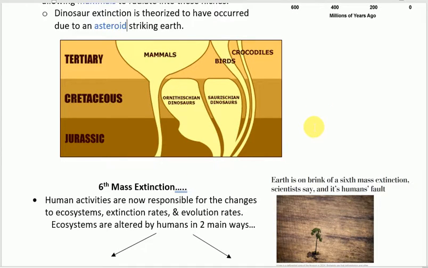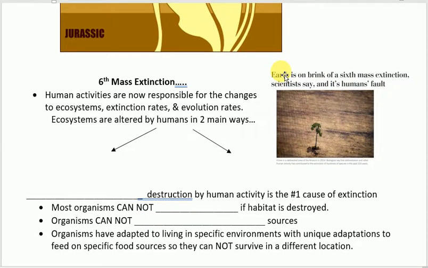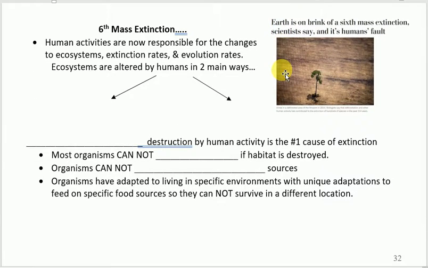The way that they determine this is, you can see here are the fossils. And this is where the dinosaurs are, this level, and they also go here into the Jurassic. So this is just the fossil levels. So we know that there have been 5 mass extinctions, and there is talk that the Earth is on the brink of a 6th mass extinction.